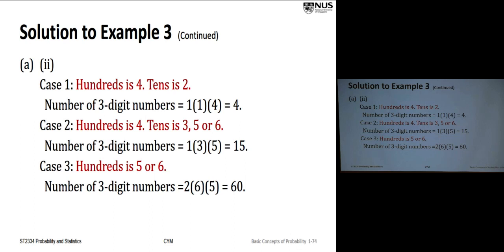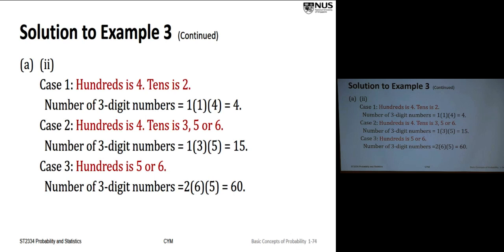But 4 is not the same as 5 and 6, because if you put a 5 in the hundreds place, the rest of the 2 digits, you can fill up with any numbers. The number formed will be bigger than 420. But for 4, it's different. Once you fill 4, then the tens place must be greater or equal to 2. So in other words, you cannot choose a digit less than 2.